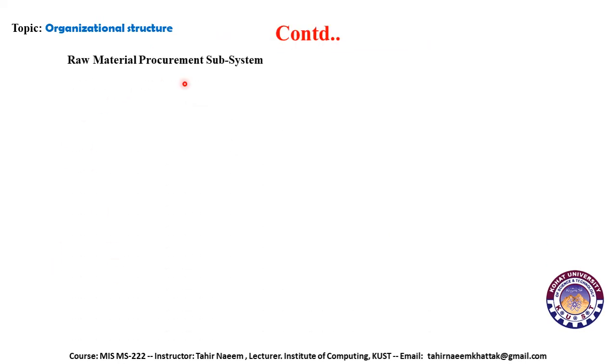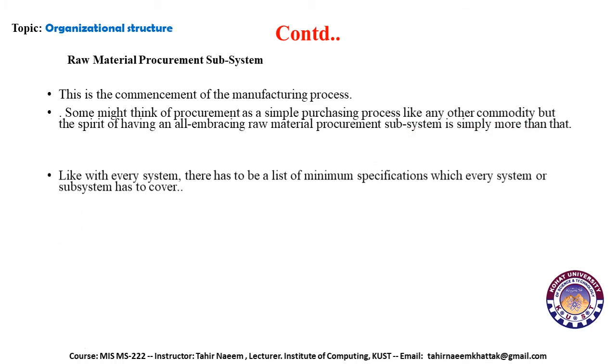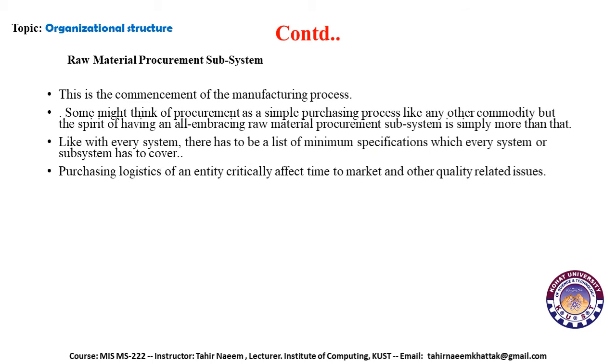Raw material procurement subsystem. It is the commencement of the manufacturing process. Some might think of procurement as a simple purchase process like any other commodity, but the spirit of having an all-embracing raw material procurement subsystem is more than that. Like every other system, there is a set of minimum specifications which every system or subsystem has to cover.